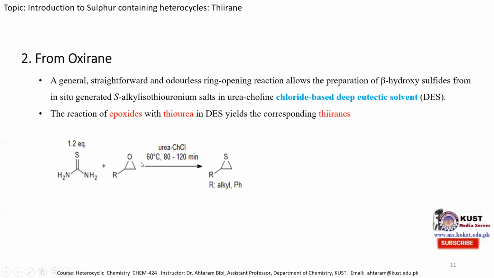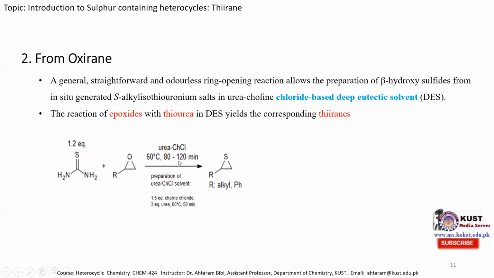So one can see that when oxirane is treated with thiourea, this reaction is a straightforward and orderless ring opening reaction. And when treated with urea choline, then at 60 degrees centigrade for approximately 2 hours, one can obtain both the alkyl and aromatic substituted thiirane molecule.